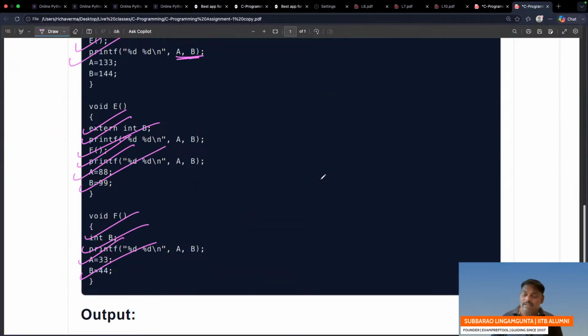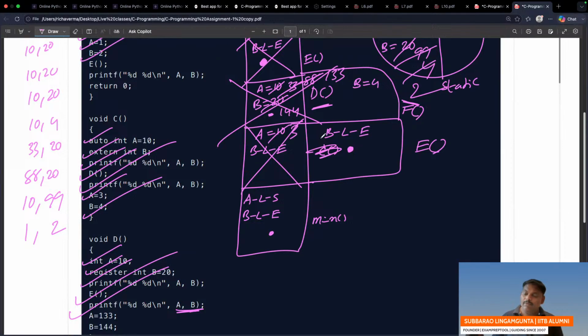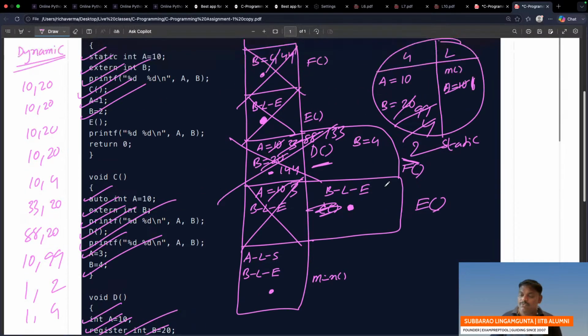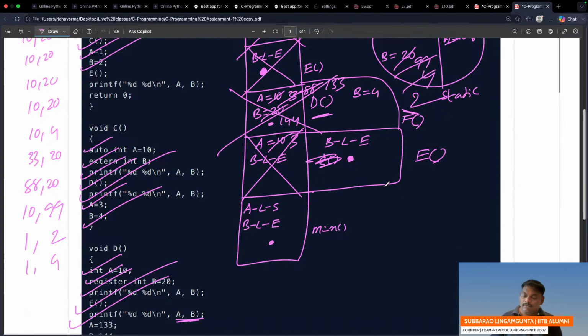Okay. Print A B. Let's see. B garbage only. But what is A? Not there. Go previous. Here what is A? Here also not A. Go previous. Here A is there. I think same. It's a 1. That value is 1. Right? You came until here. A local, static area. Right? Fine.